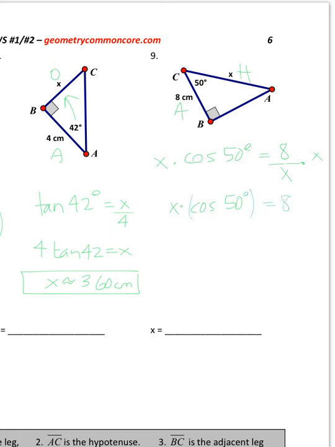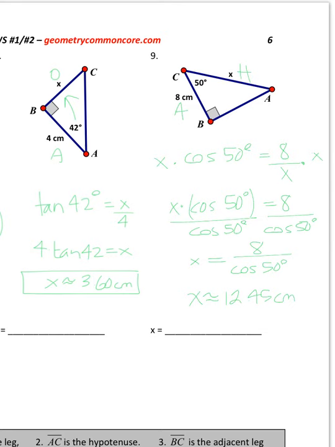So if I wanted to now isolate the x completely, I got it out of the denominator and now I want it on its own, I'm going to divide both sides by the cosine of 50. It's a number. And so I will calculate x by getting the answer to 8 divided by the cosine of 50 degrees. And if you solve this correctly, you'll get x is about 12.45 centimeters.